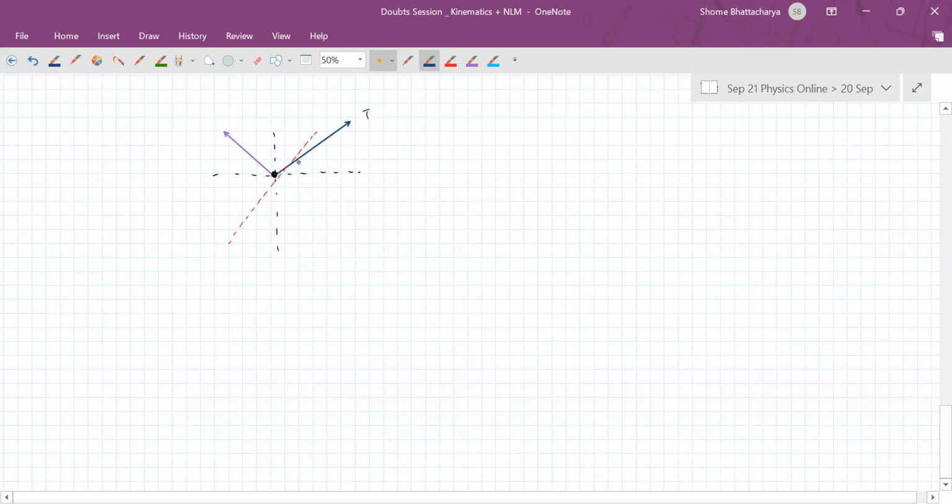The tension is acting at an angle of 60 degrees to the horizontal, whereas the normal reaction is acting at an angle of theta with the vertical, which is greater than 60. And of course, weight is acting vertically downwards.